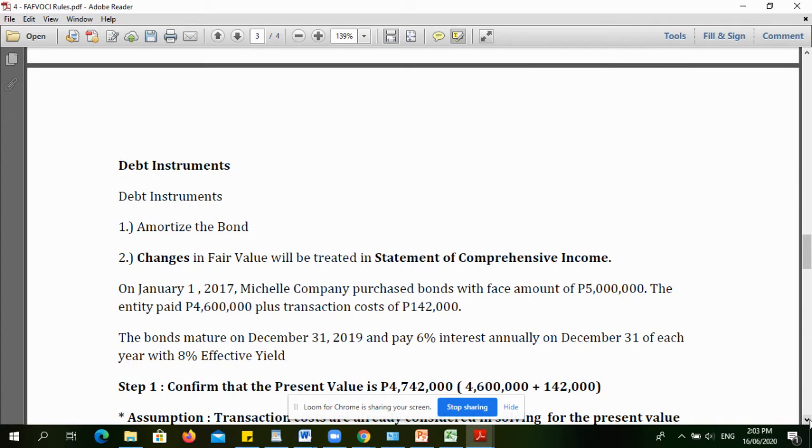Number one, we need to amortize the bond. So kailangan nating gumawa ng amortization table. Secondly, every time we amortize, we compare the carrying amount with the fair value. And the difference will be recorded in other comprehensive income.